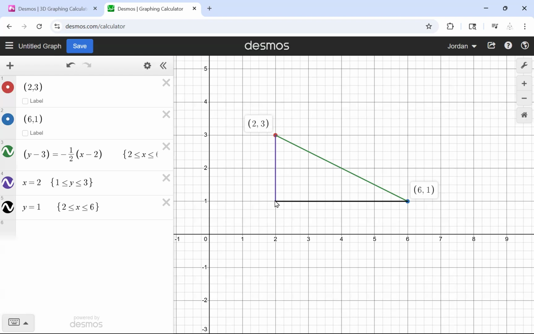The other leg goes from the x value of 2 to the x value of 6. Depending on which leg I call length A and which one I call length B, they will be the change in y and the change in x. So we get the Pythagorean theorem because of this, and the distance formula pops out of there.